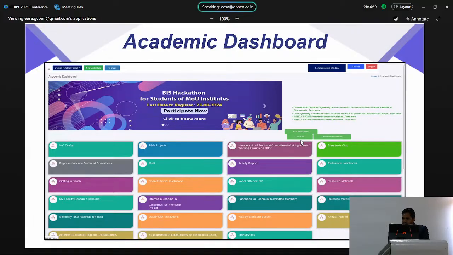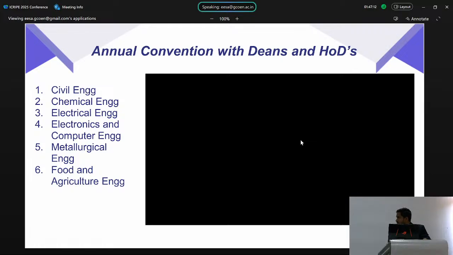Then there are the standard clubs, which you already have, 5 standard clubs in your college, and you carry out all your activities through this dashboard. And there are several other tabs here which are helpful for the students. I will focus mainly on the R&D projects.